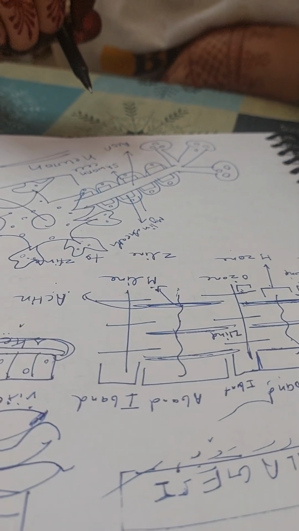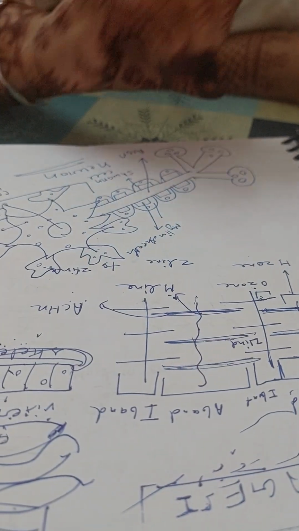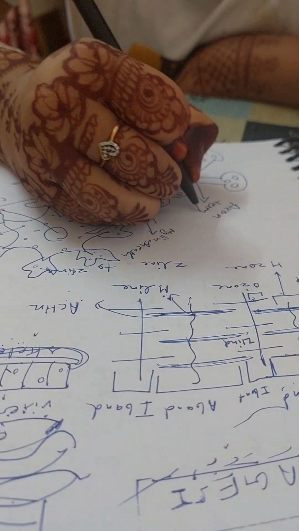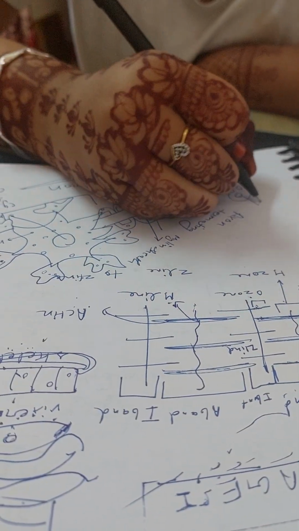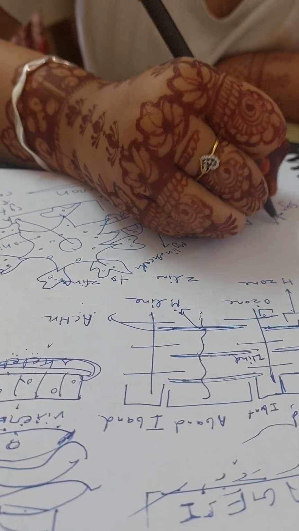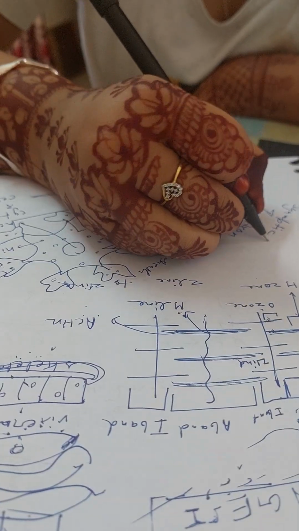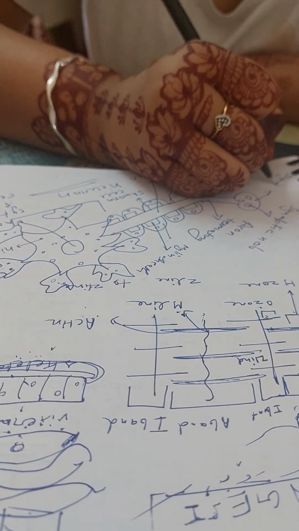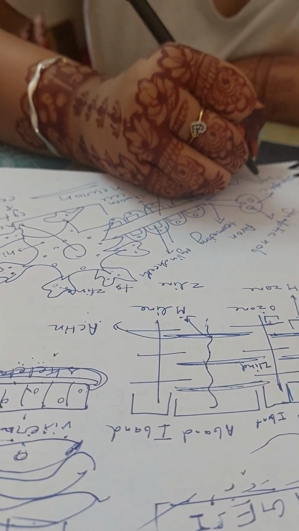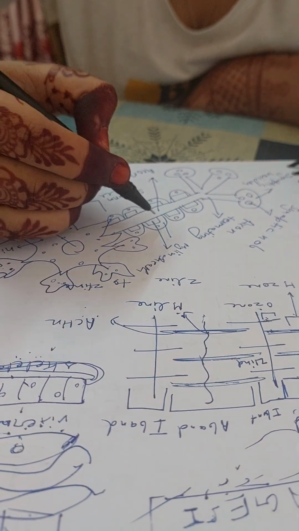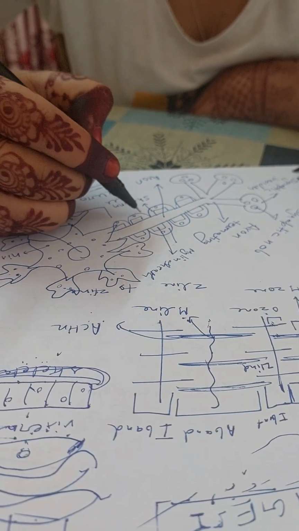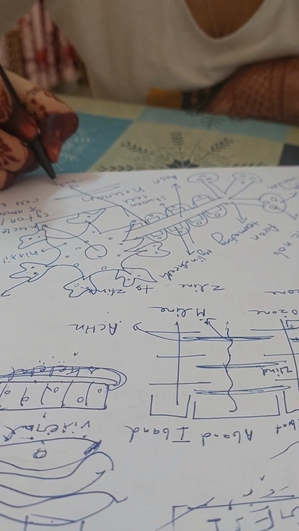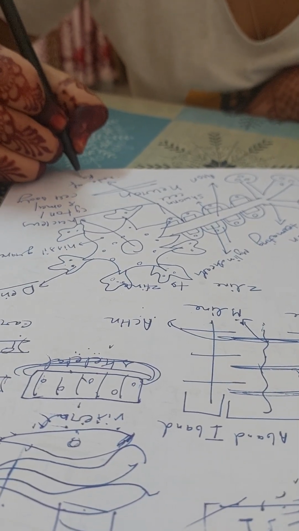And now this is axon, this is axon terminating. This is synaptic knob, and this is synaptic vesicle. And the gaps between this are called node of Ranvier.